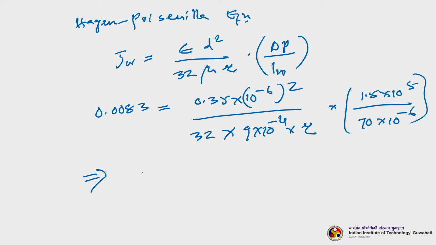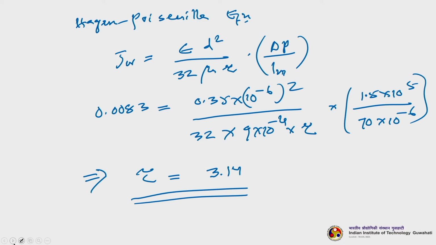So, from here you can calculate tau, that is tortuosity, calculated to be 3.14. So, the tortuosity factor for this particular problem is 3.14.